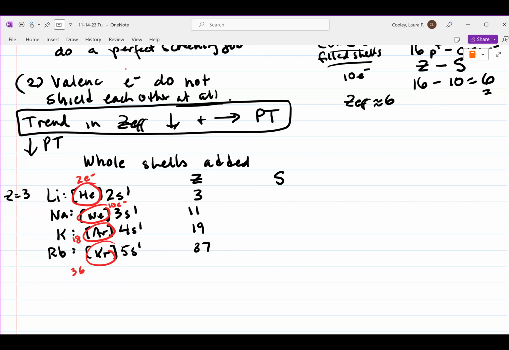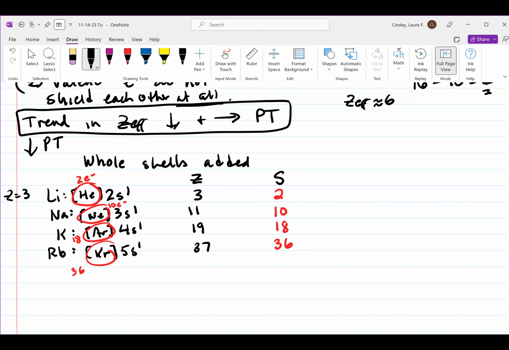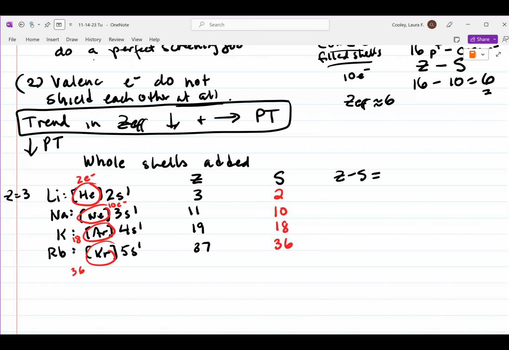So you put those numbers here, and now if you simply take the difference, Z minus S, which is what we're calling Z effective, 3 minus 2 is 1. 11 minus 10 is 1. 19 minus 18 is 1. 37 minus 36 is 1. So to a first approximation, Z effective does not change going down the periodic table.